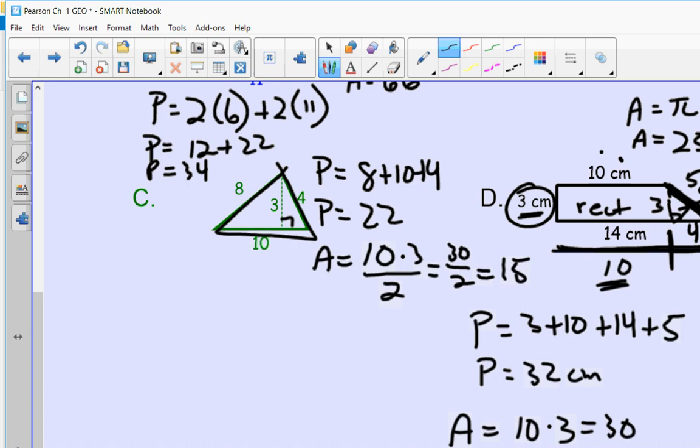I get an area of the rectangle as being 30. Okay. The triangle, the base, what it sits on is that 4 that I found when I split it up, and the 3 is that height. So for that area, it's going to be 3 times 4, but remember I divide that by 2. So 3 times 4 is 12, divided by 2 is 6. I want to add these two areas together because I really got two figures.